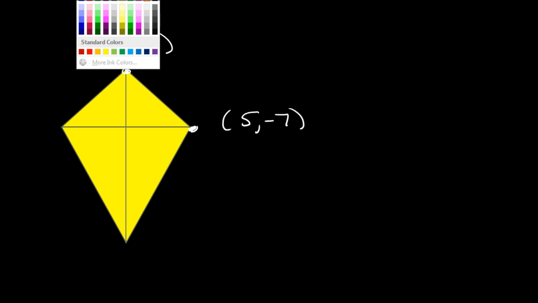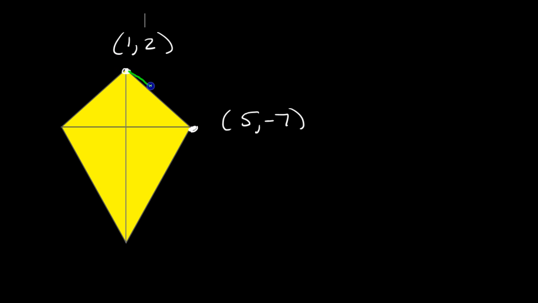If I needed to find the length of a side, say this one, and this was the point 1, 2, and this was the point 5, -7, if I wanted to find the length of this side of the kite, I could use the distance formula, because distance and length are the same thing.